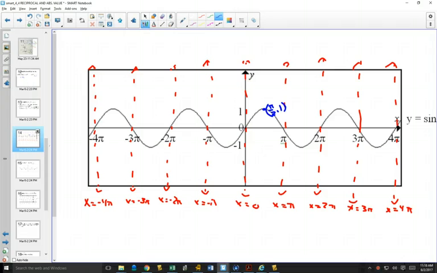So in fact, all of these points where the y value is 1 are going to stay the same, because 1 over 1 is still 1. And all of these points where the y value is negative 1 are going to stay the same, because 1 over negative 1 is still negative 1 as well.